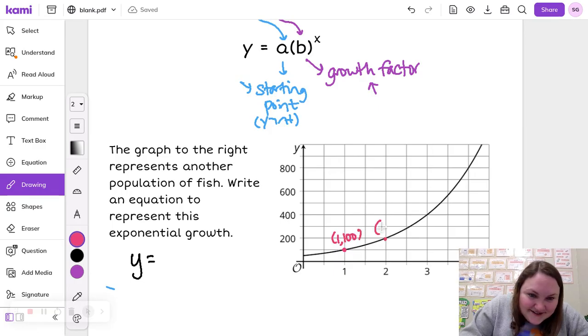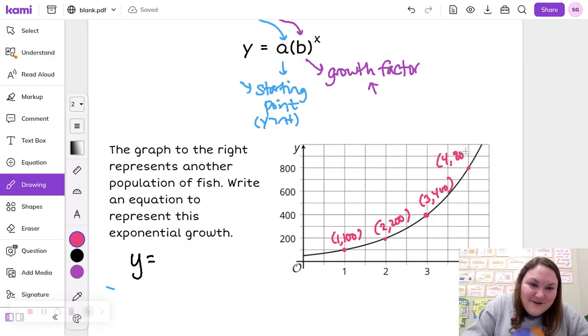I can see here at 2, it's at that line right there for 200. For 3, it's right here at this line for 400. And so by labeling those points, I start to see a pattern with how this one is growing.